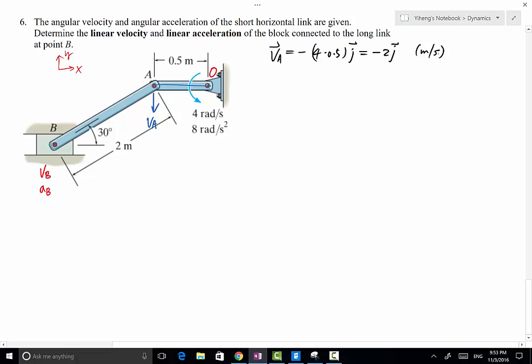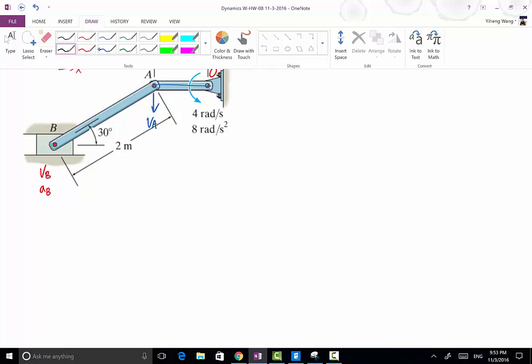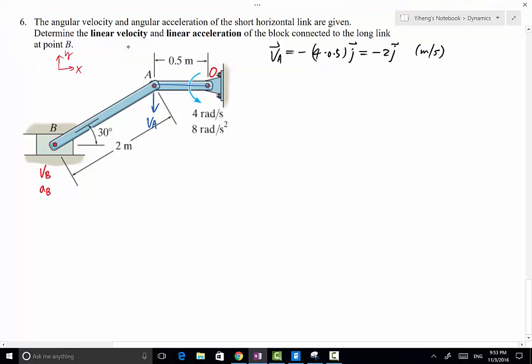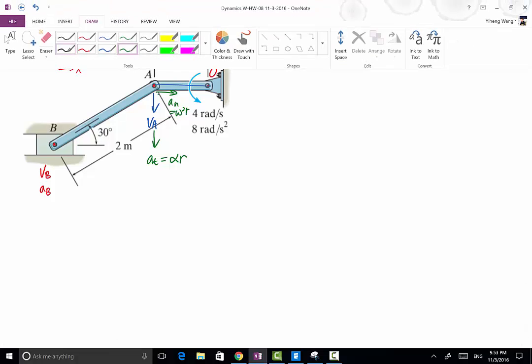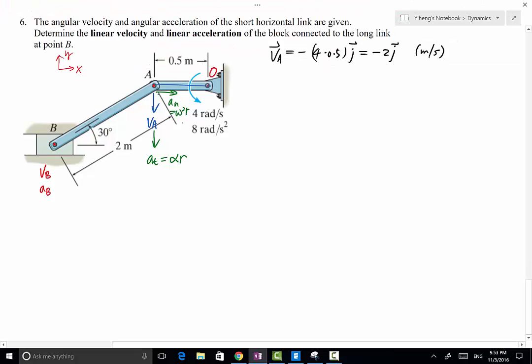So that's VA. What about AA? For AA, it has two components. One is tangential AT, which equals alpha R. The other one is normal AN, which equals omega squared R. So AT is along negative J direction and AN is along positive X, so it has the positive I unit vector for its direction.